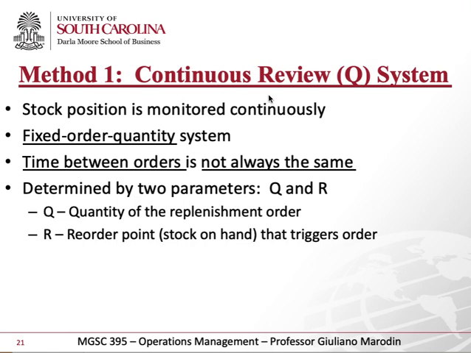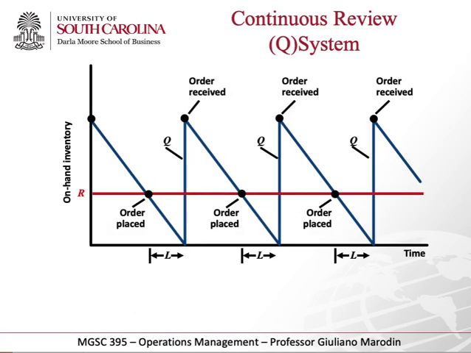We're always looking at inventory, and when it gets to 4, which is the reorder point, we're going to buy Q, which is 24, which is always going to be a fixed quantity. So we can maybe buy twice, once every 15 days, or once a month, depending on how much toilet paper we use.